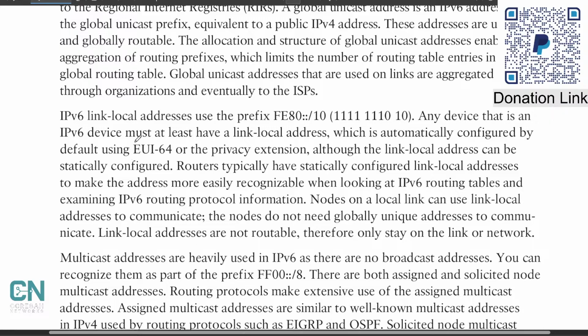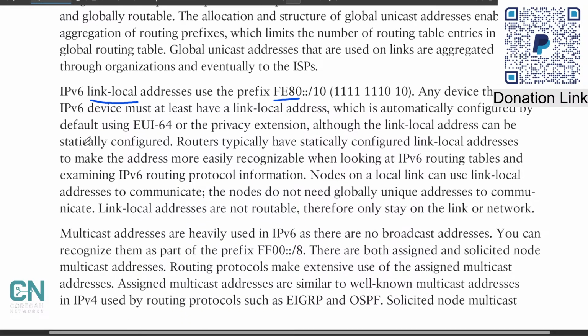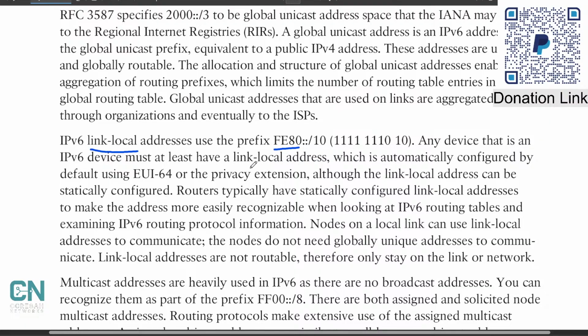IP version 6 link local addresses use the prefix FE80::/10, equal to 1111 1110 10. Any device that is an IP version 6 device must at least have a link local address.